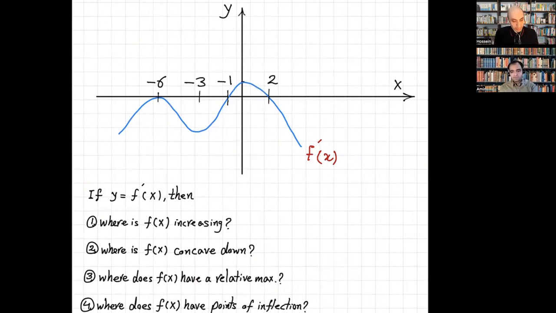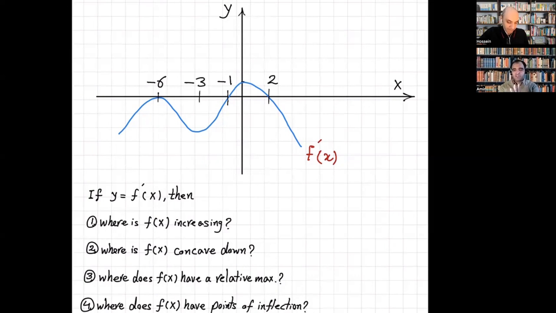So this is f prime of x, not f of x. The first part is asking where is f of x increasing? You can just draw a little curve in front of that question, an increasing f of x.